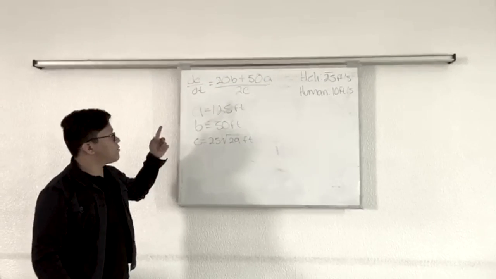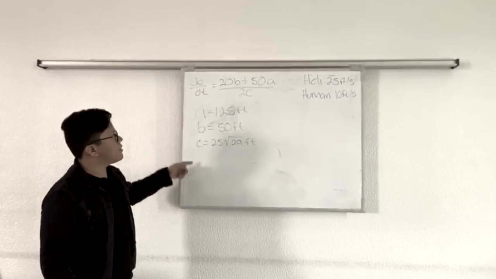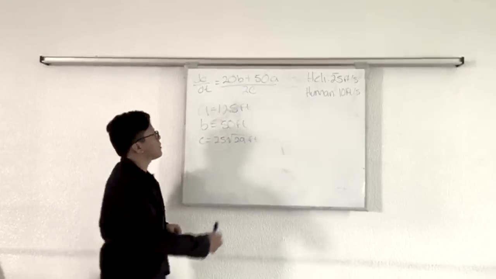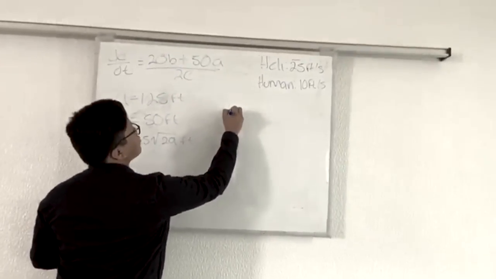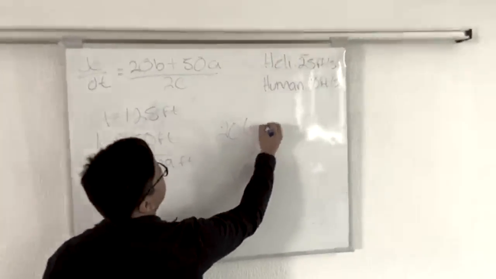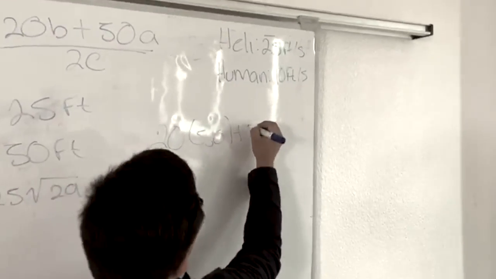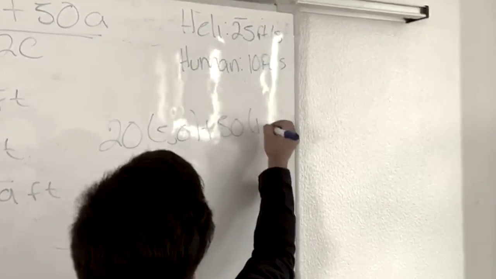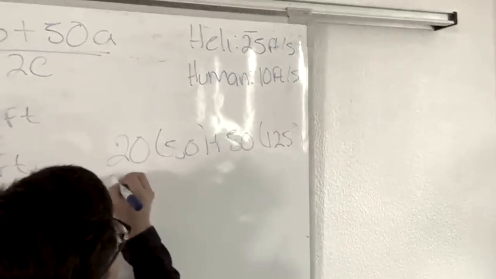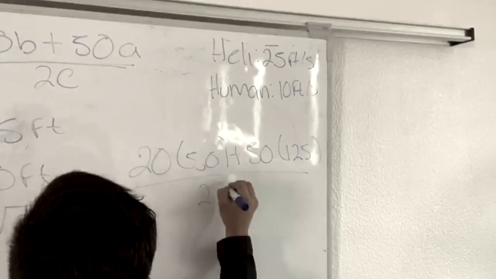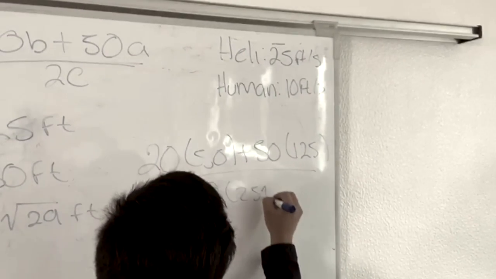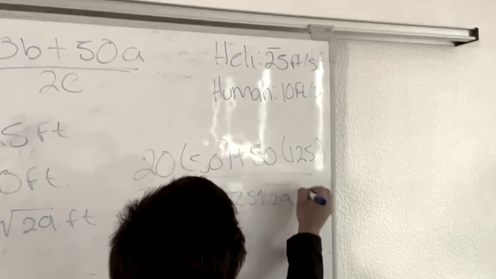Finally, to find the rate of change, we're going to replace all of this data into this formula: 20 times 50 plus 50 times 125, all of this over 2 times 25 square root of 29.